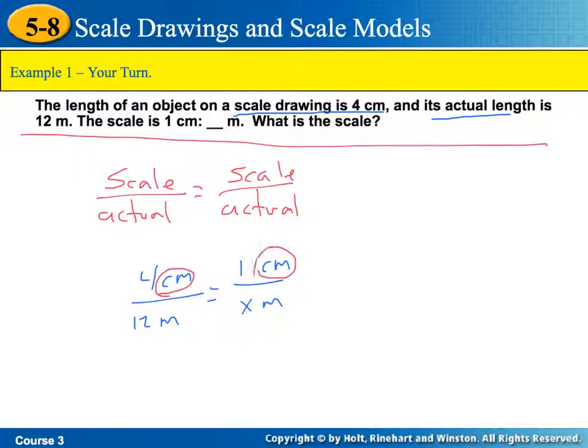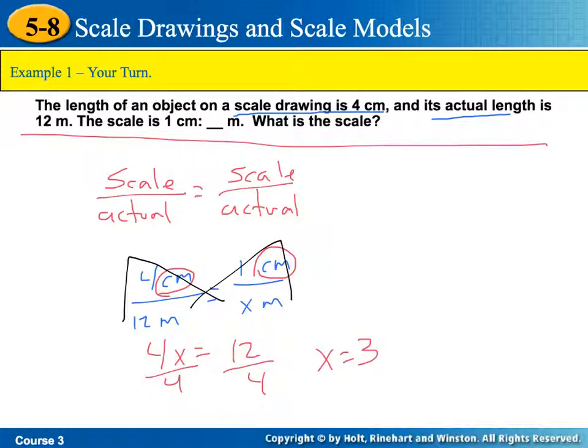I put scale over actual, scale over actual. Okay? Cross multiply here. I get 4x is equal to 12. Divide by 4, divide by 4. X is equal to 3. 3 what? Meters. Put this back into a scale. I get 1 centimeter to 3 meters.